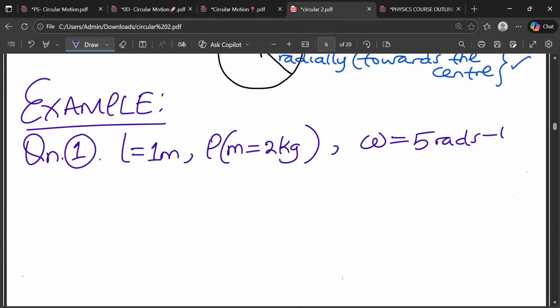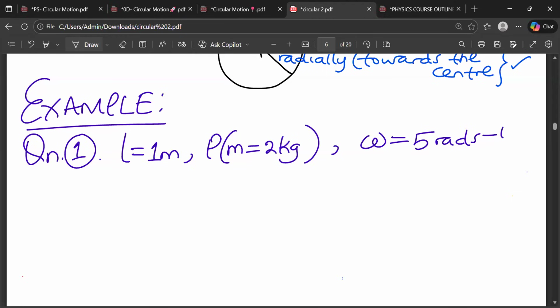So I hope people have listened to that question. The question was saying one end of a light inelastic string of length 1 meter is fixed to a point O on a smooth horizontal table. A particle P of mass 2 kilograms attached to the other end of the string is given a blow which sets it moving in a circle on a plane with constant angular velocity of 5 rad per second.